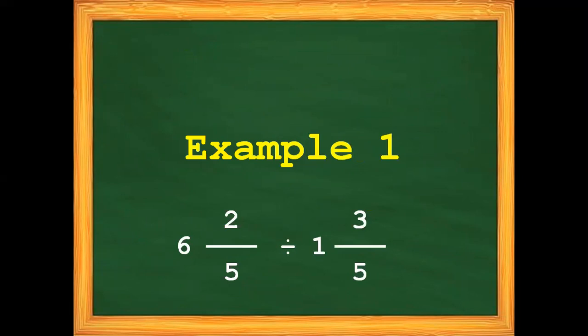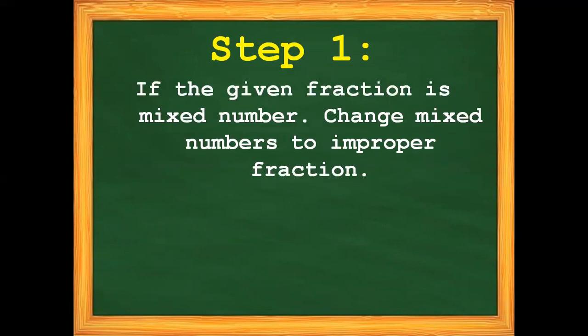So for this problem, we have 6 and 2/5 divided by 1 and 3/5. Step number 1. If the given fraction is a mixed number, change mixed numbers to improper fractions.